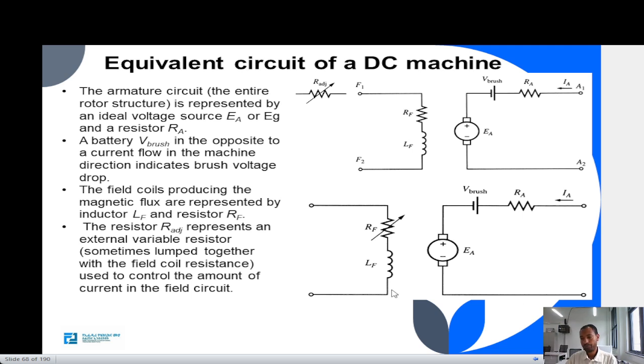Of course, on the armature, as you remember, windings are there, core is there, and shafts are there, so many things are there. So when we consider the equivalent circuit, we are going to model the winding only, because that is the one which has an effect on the induced voltage.